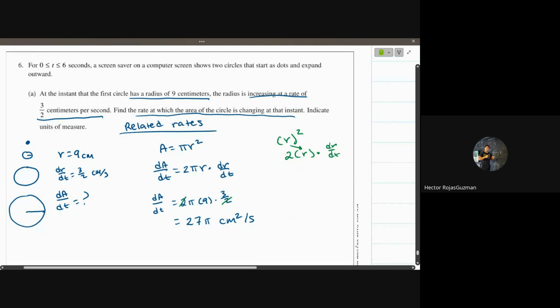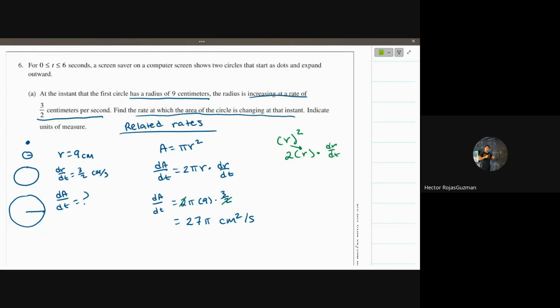The reason why the units are centimeters squared is because dr/dt is centimeters per second and r is centimeters. So then when you multiply them, you get centimeters squared. Plus, we're dealing with area here, ¿verdad? And area is units squared.